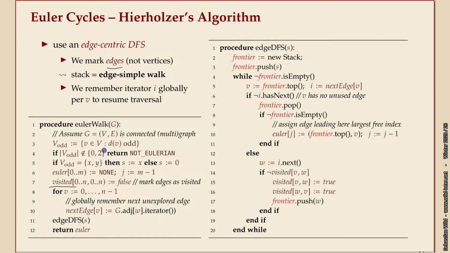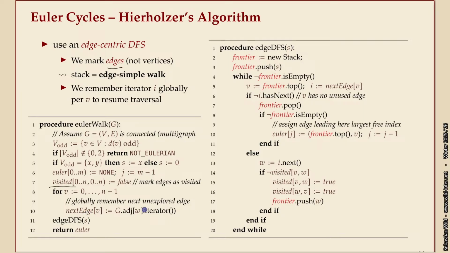Here we have to make sure we use one of those odd degree vertices if there is one. Otherwise, any vertex can be used as a starting vertex. I'm remembering for every vertex in the graph, what is the next edge to look at when I'm visiting that vertex again. So I'm remembering an iterator in its adjacency list.